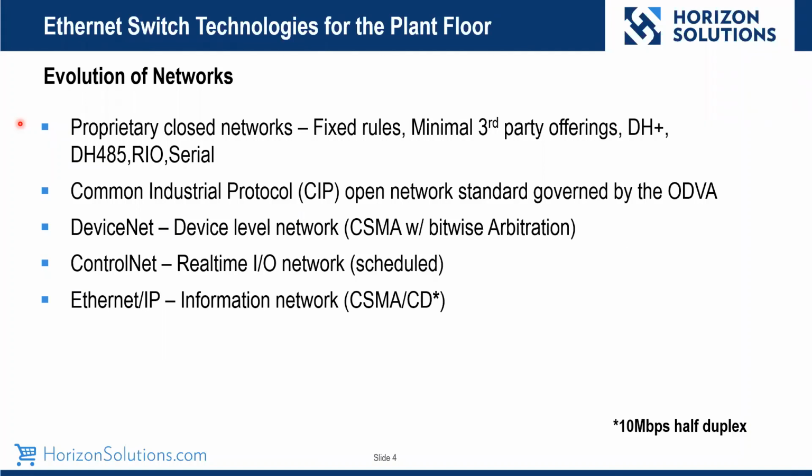So it was repeatable, excuse me, not deterministic because there were collisions. ControlNet was a real-time network. It was scheduled. With that network, you could not build a network that didn't work because it was scheduled with a network update time. So when you went to schedule, if you exceeded the bandwidth, it wouldn't let you schedule it. So that was our real-time I/O network.